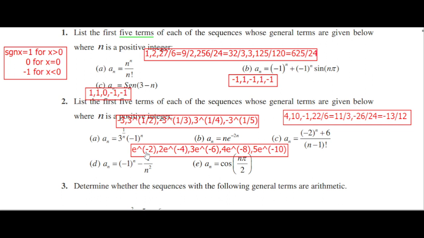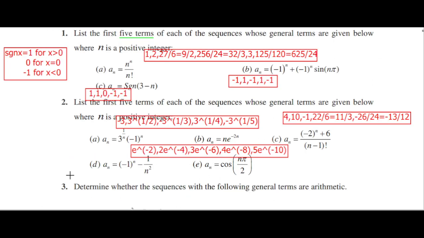Let's do number D. Question number D, let's compute it. If we substitute 1 for the first term, minus 1 over 1 squared is 1, minus 1 minus 1 is minus 2, so the first term is minus 2, comma. The second term is positive: 1 minus 1 over 2 squared, which is 4, so 1 minus 1 over 4, which is 3 over 4, comma.